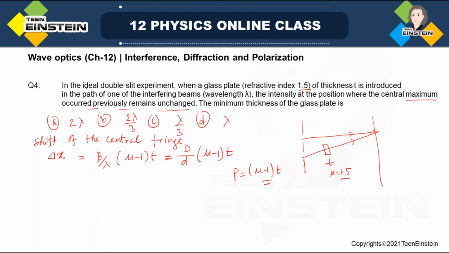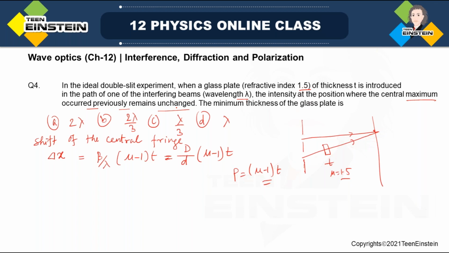I'll just repeat the question. In an ideal double slit experiment, when a glass plate of refractive index 1.5 of thickness T is introduced in the path of one of the interfering beams having wavelength lambda, the intensity at the position where the central maxima occurred previously remains unchanged.